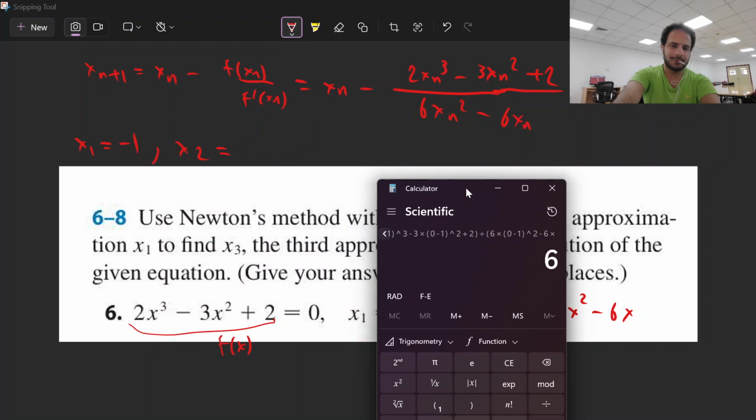Be careful, if you don't open parenthesis it will be considered subtraction, okay? Now you get this, you get minus 0.75.